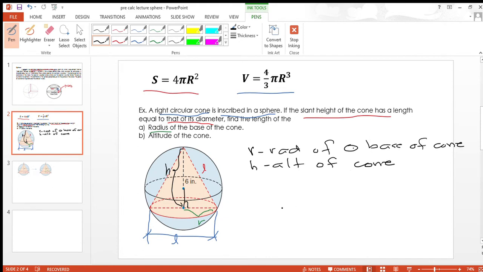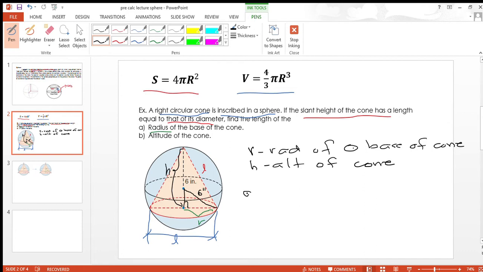If you look at this diagram, what else can we obtain? If we connect this center to this point here, that will also be the radius of the sphere, which is 6 inches. So that will also be 6 inches. What do we need to solve?